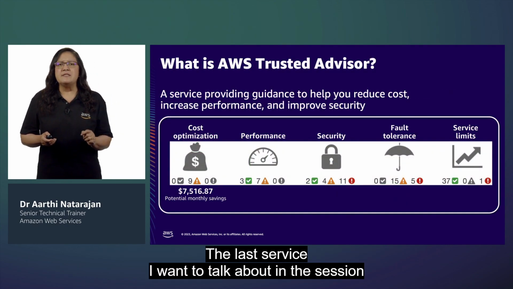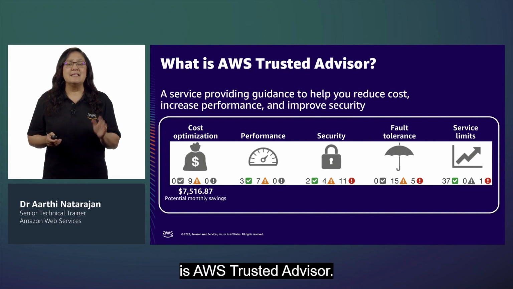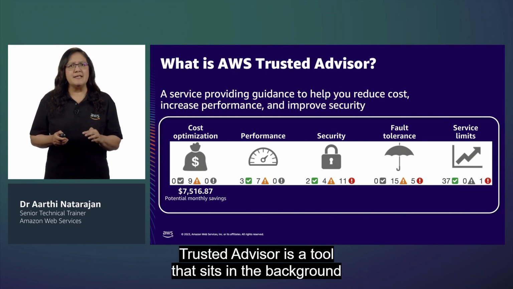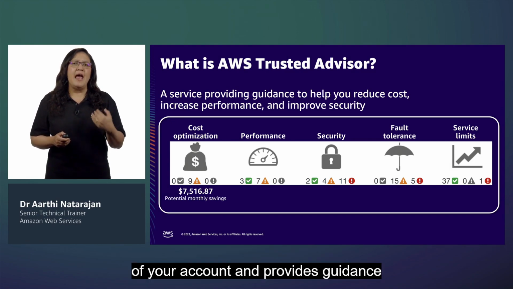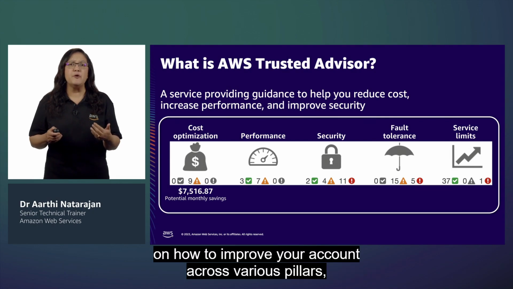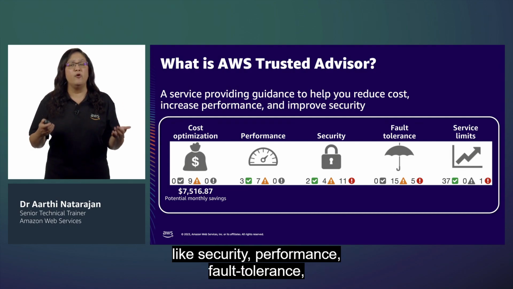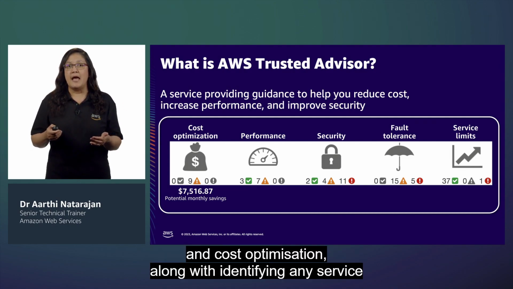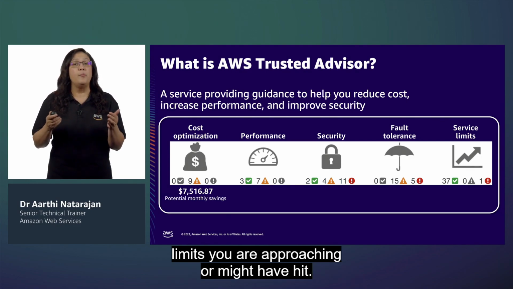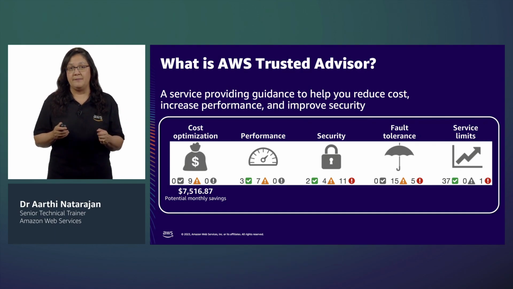The last service I want to talk about in this session is AWS Trusted Advisor. Trusted Advisor is a tool that sits in the background of your account and provides guidance on how to improve your account across various pillars like security, performance, fault tolerance, and cost optimization, along with identifying any service limits you are approaching or might have hit.